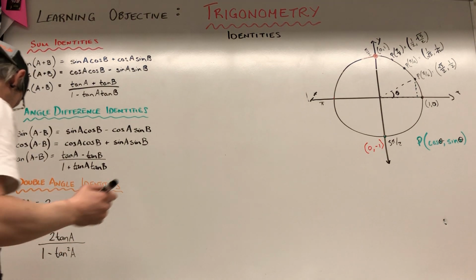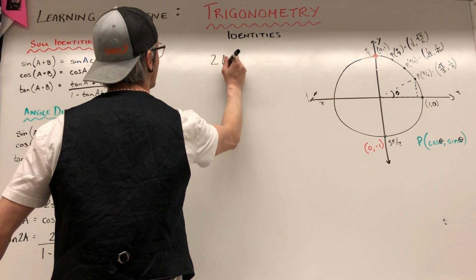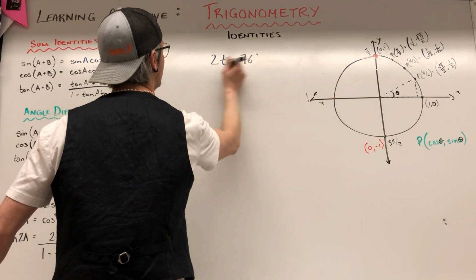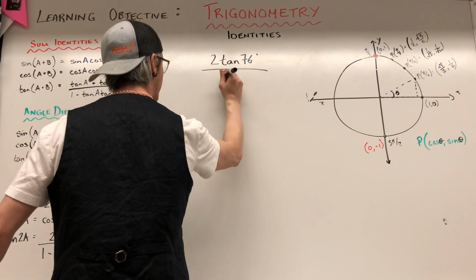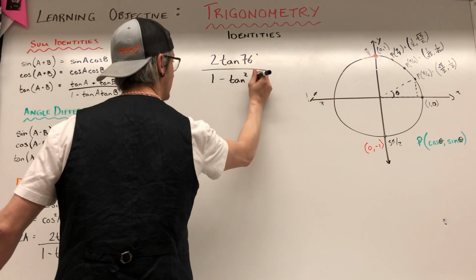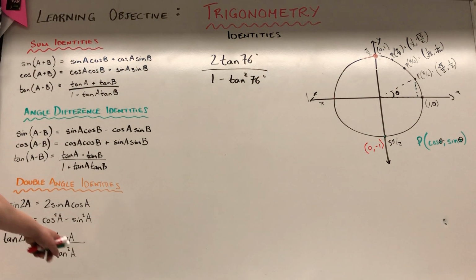We're on number 4 now. Here we go, 4C. I've got 2 tan 76 degrees over 1 minus tan squared 76 degrees. Where do I have 2 tan? Right here.